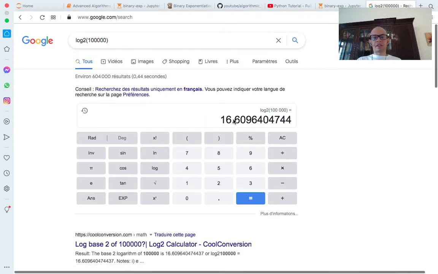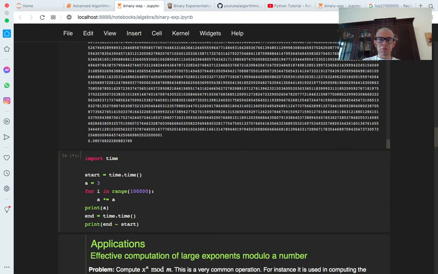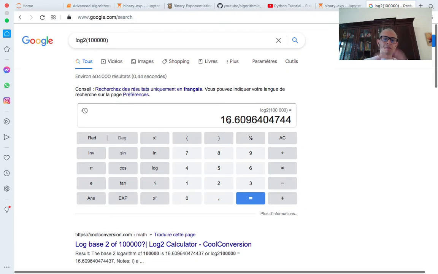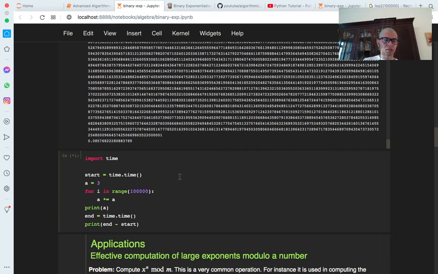So it reduces the 100,000 operations to just 16,000, and there we can see the 100,000 is really still running. So we can just terminate it.